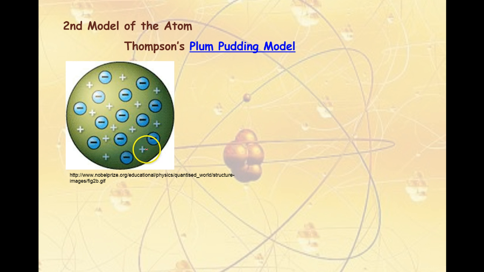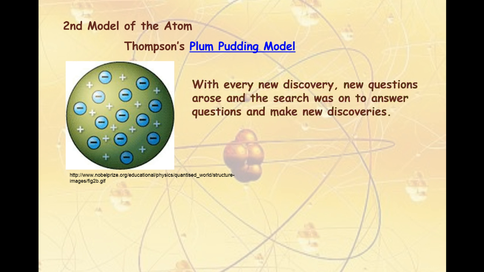So positive sphere with embedded electrons. Now, why was it called plum pudding model? Because Thomson's favorite dessert was plum pudding, and it would remind you of having bread pudding with raisins in it or little plums. And so he said his model of the atom reminded him of his favorite dessert, and that's how the name Thomson's plum pudding model came about.